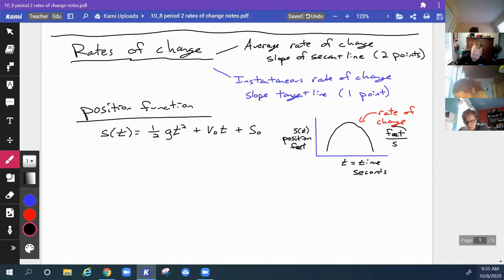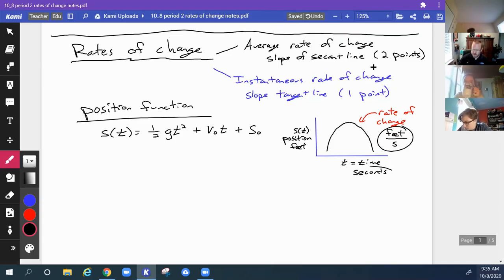So the units for this are going to be feet per second if I'm talking my position in feet and my time in seconds. So the rate of change, remember, is the slope. Slope is change in y over change in x. Here, my y values are measured in feet, my x values are measured in seconds. So we're looking at units that are going to be feet per second.